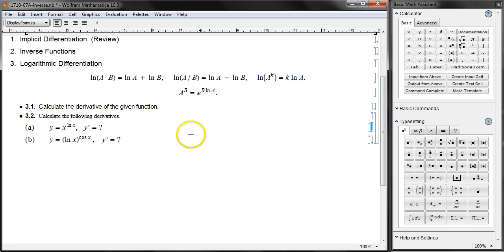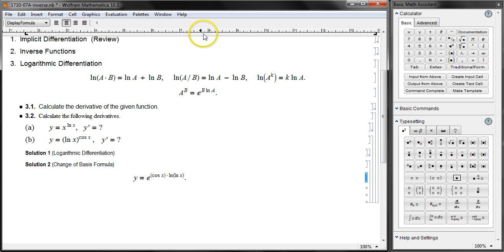Let me show you the second problem using the alternative method. So how does that work? Change of base formula like this, and change this into an exponential, and this log goes over there, log of the base. So we have log of x.